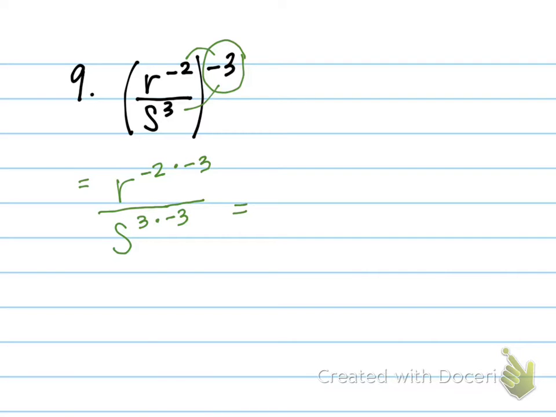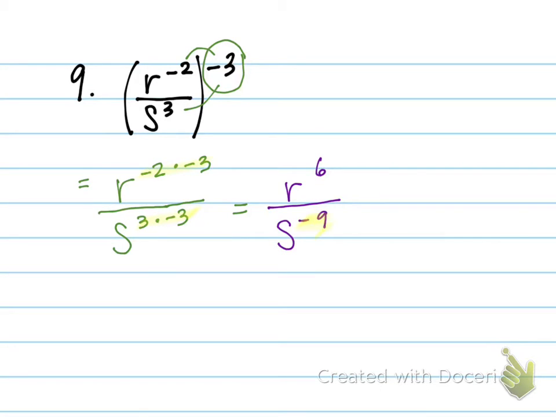Now I'm going to multiply these, and I get r to the positive 6th power over s to the negative 9th.